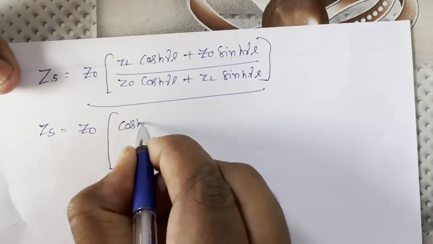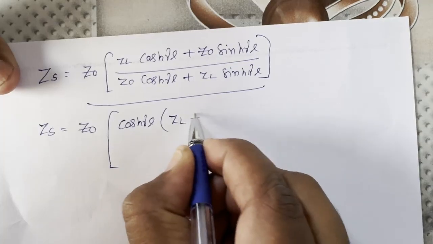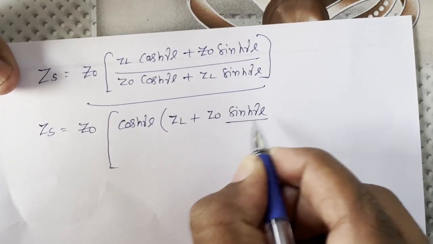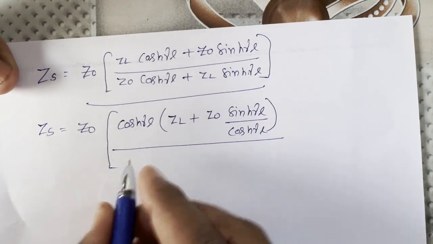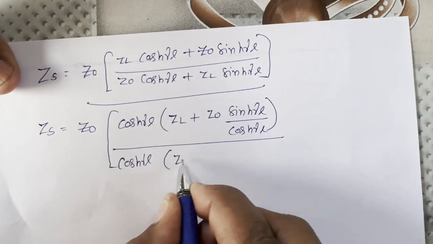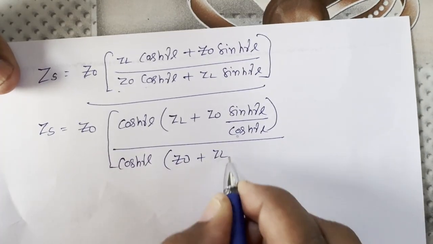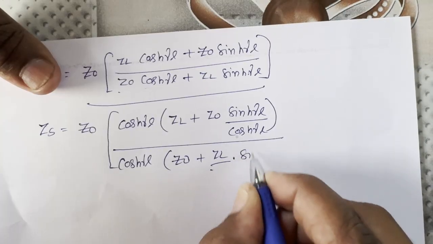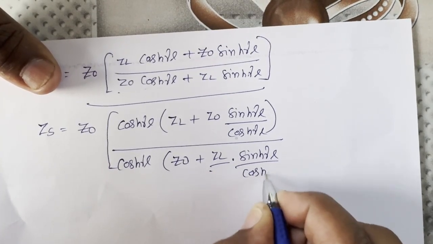So cosh γL as a common term from this, then here is ZL plus Z naught sinh γL by cosh γL, by, from the denominator also, cosh γL, Z naught is the only term at this point, plus ZL into sinh γL by cosh γL.